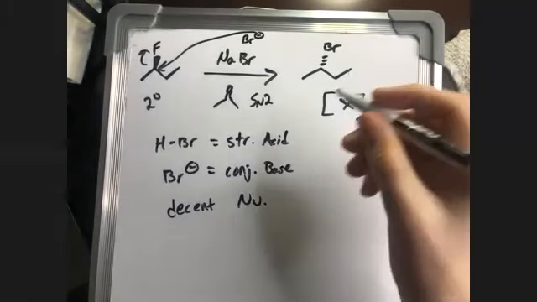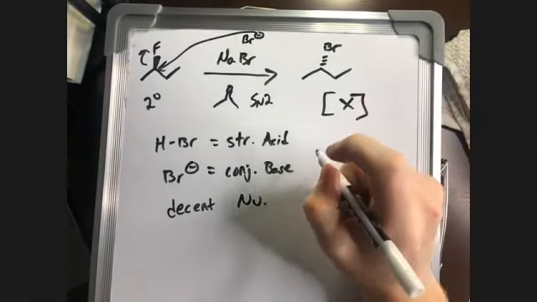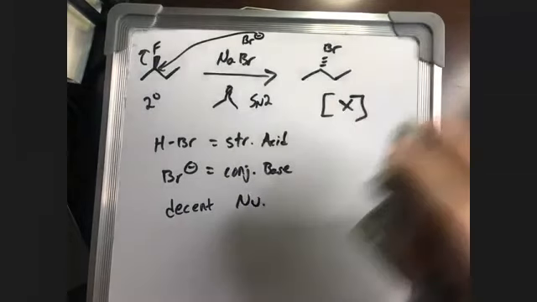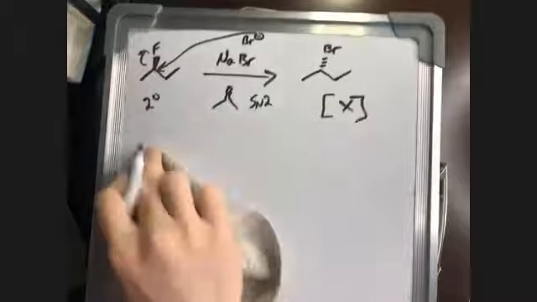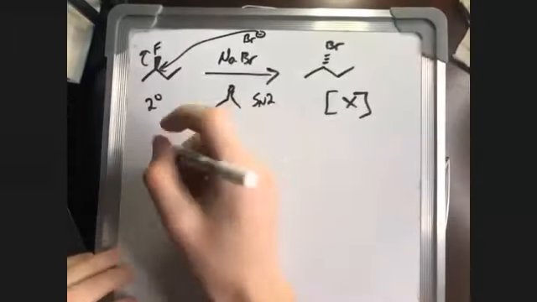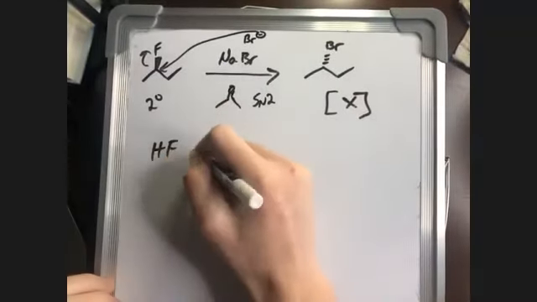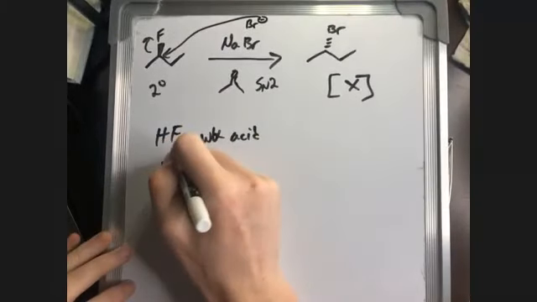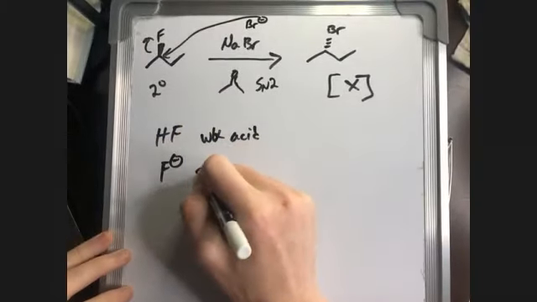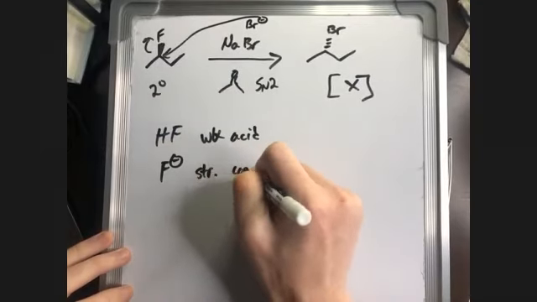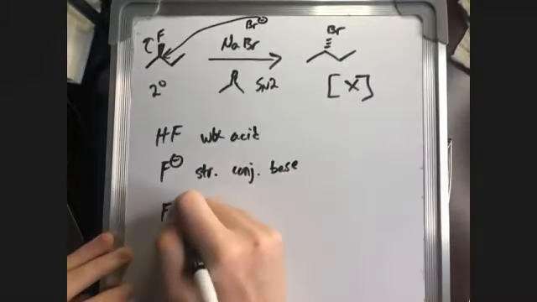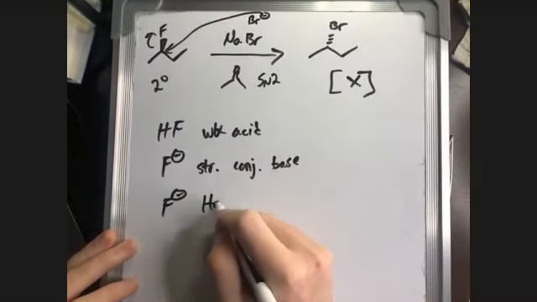So this is incorrect. And the reason this is incorrect is because of the identity of the leaving group. So we know that HF is a weak acid, right? So that means that F minus is a relatively strong conjugate base since its acid is weak, which means that F minus is a horrible leaving group.